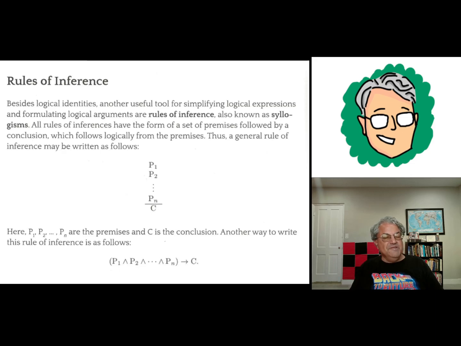So, what is a rule of inference? Well, it's a little bit different in form from a logical identity. A logical identity always has a form F is equivalent to G, where F and G are logical expressions. They could be either atomic or compound logical expressions. But a rule of inference starts with a set of premises, which I'm calling P1 up to Pn here, and there's a conclusion that follows from these premises.